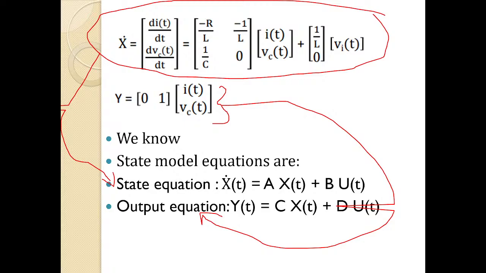In the state equation, this is the coefficient of the state variable, this is the coefficient of the input variable, and this is the coefficient of the state variable of your output equation.